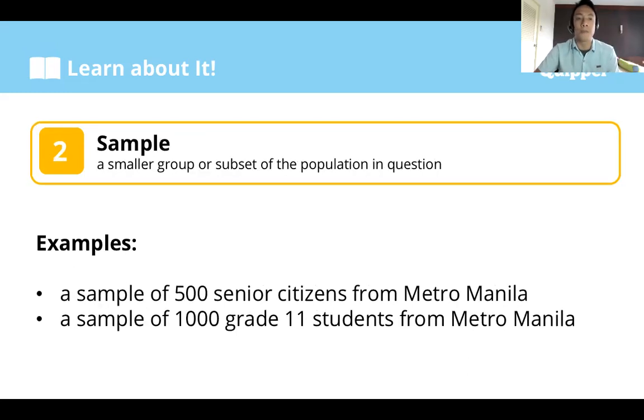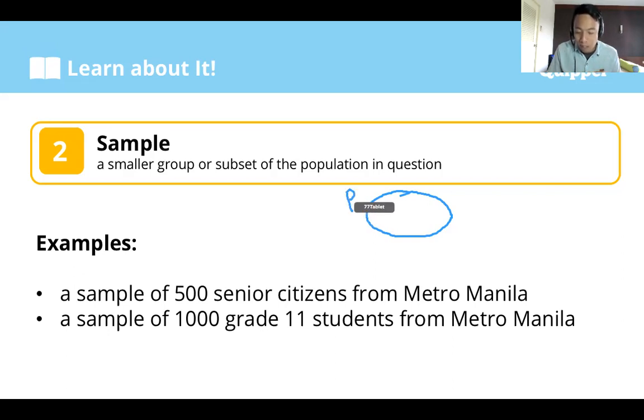Second word, we have the sample. For example, this is the population. When we say sample, we will just get some participants from the population.